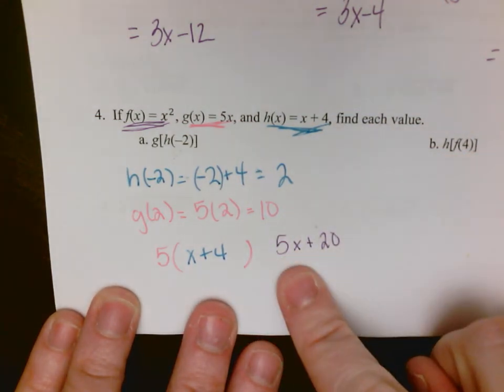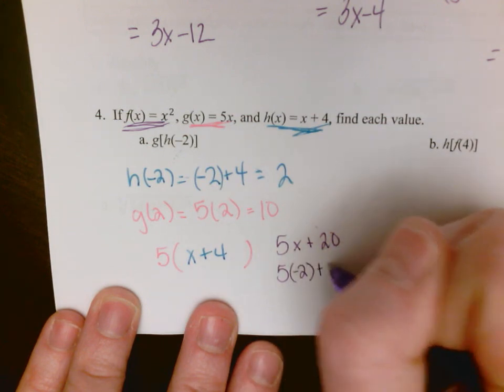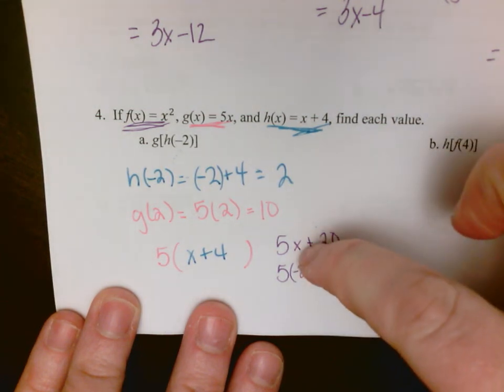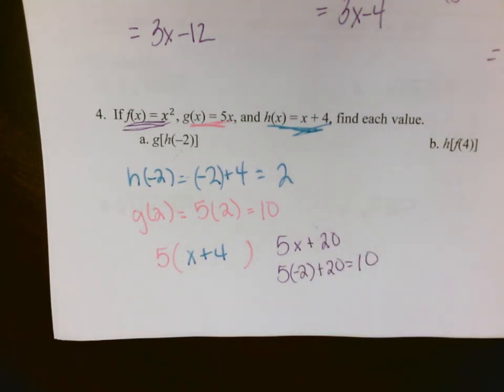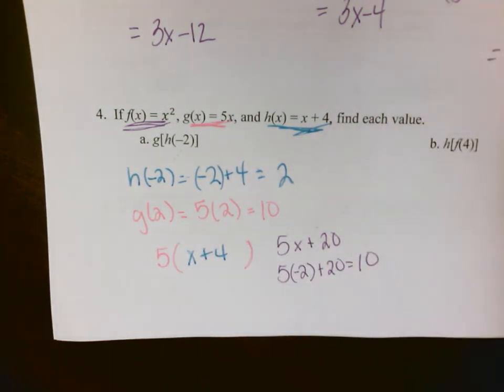And if you plug negative 2 into this, 5 times negative 2 plus 20, you would still get the same answer. But I'm not going to make you do the composition just to find the numerical value. It is quicker to find an answer point and keep moving your point as you keep going through. So you may do it this way and just get the answer of 10.